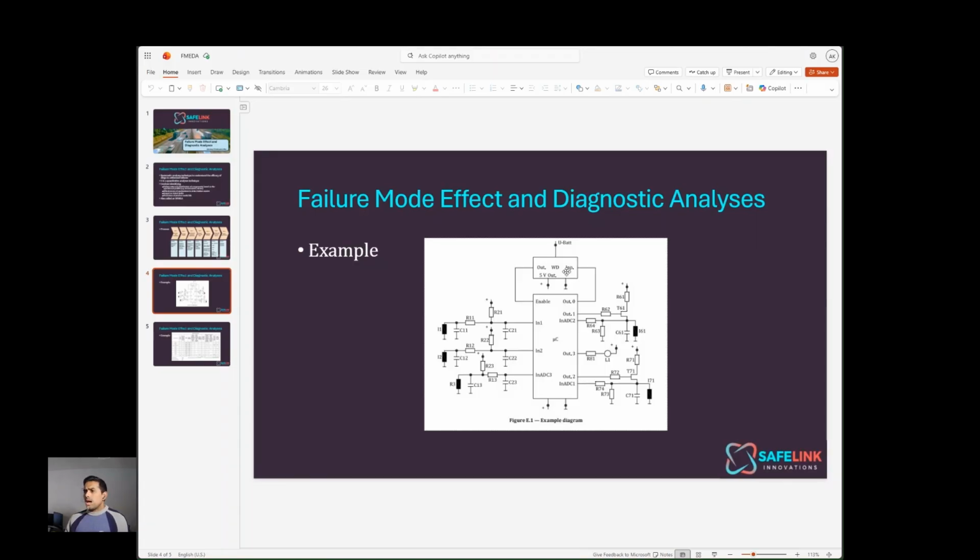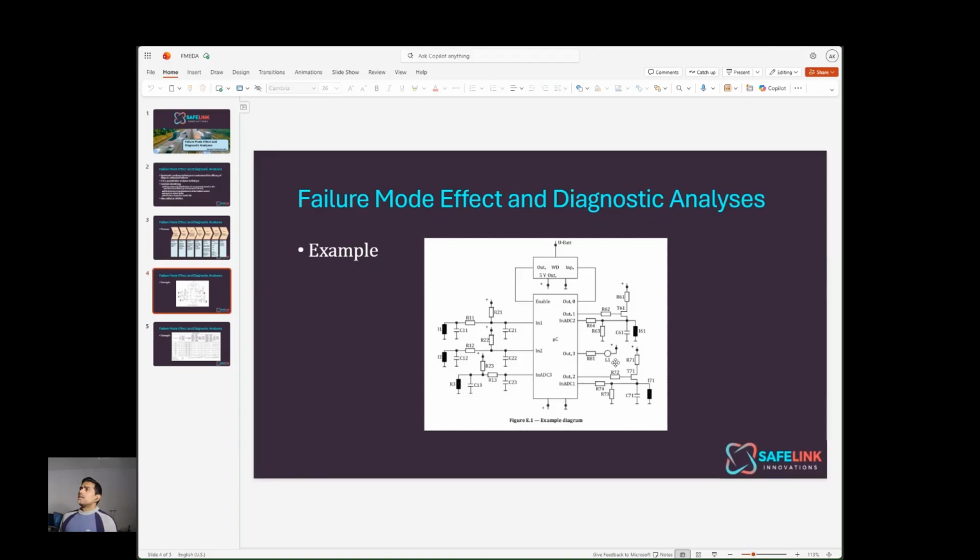There's a lot of simple components like resistors, capacitors. There's also more complex components like the microcontroller, which is an IC. The watchdog controller is also an IC, and there are a few transistors, and there's also an inductor over here.